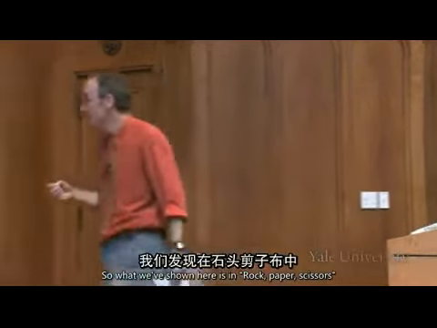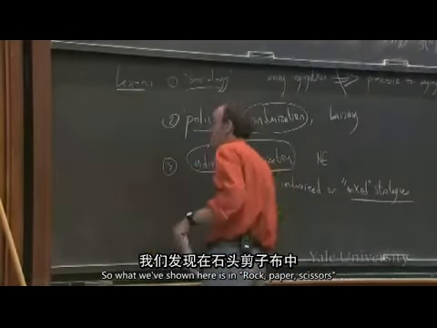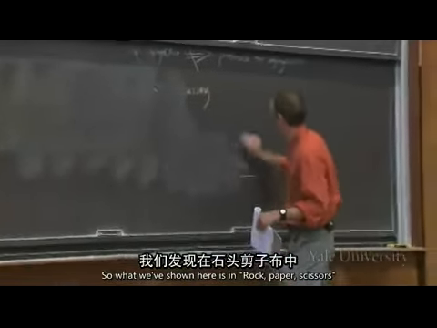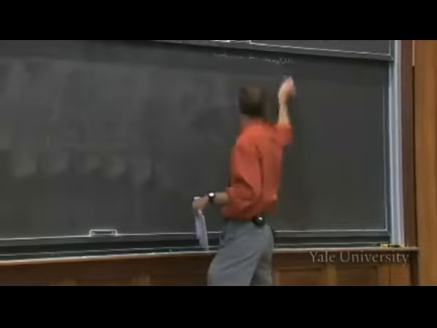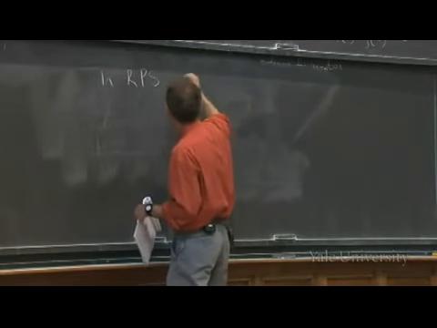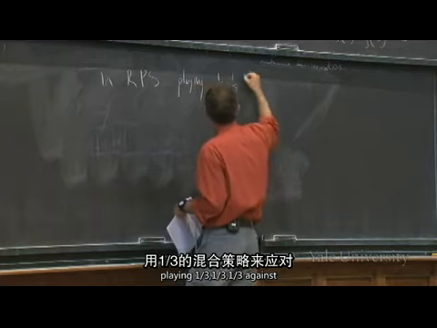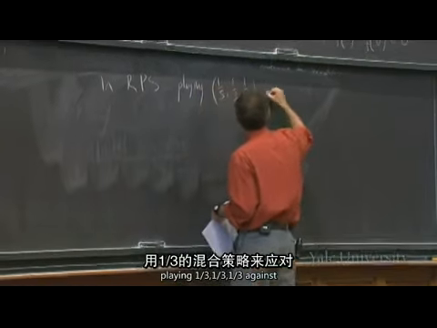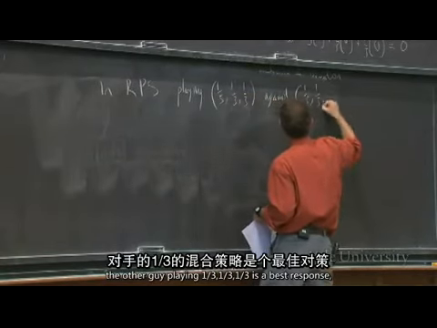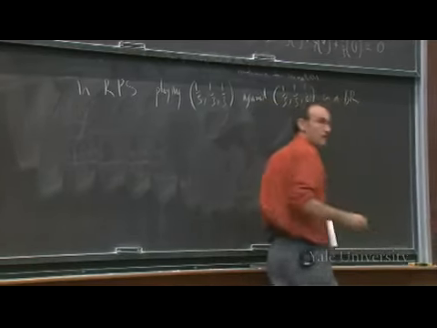All right, so what we've shown here is, in rock, paper, scissors, playing a third, a third, a third against the other guy playing a third, a third, a third is a best response.